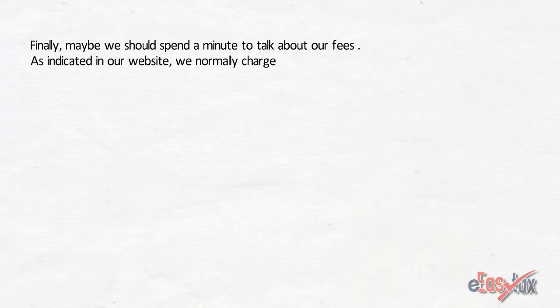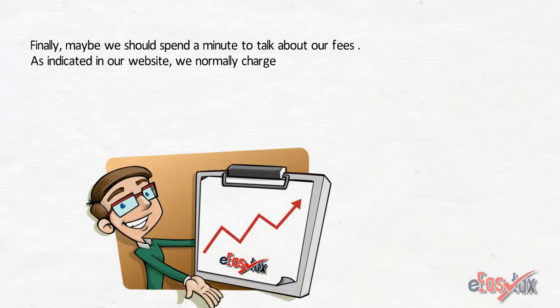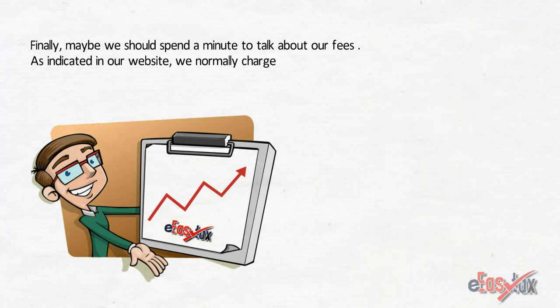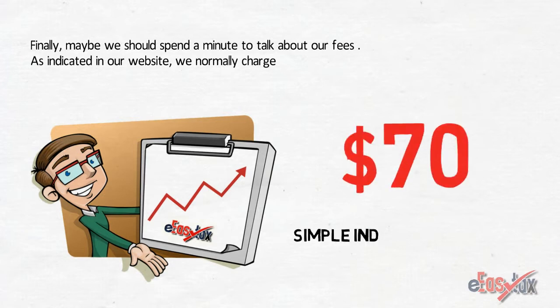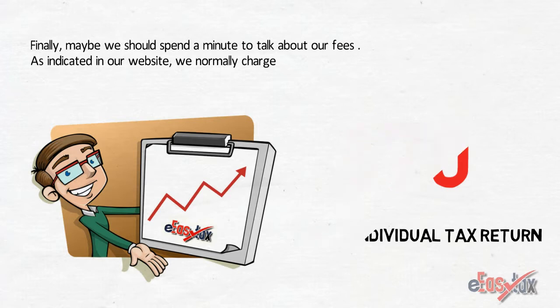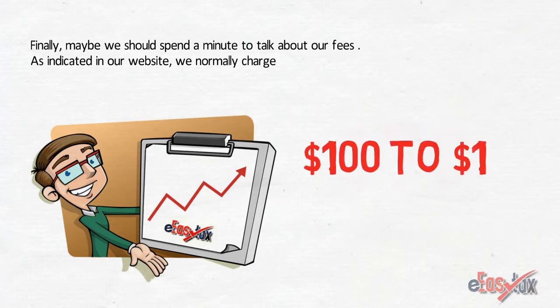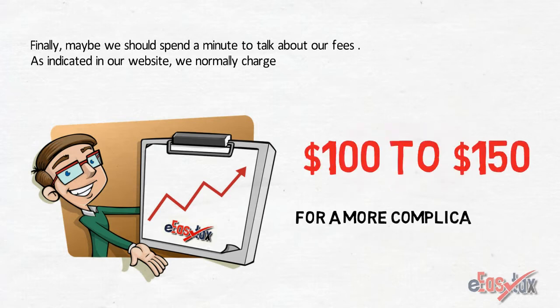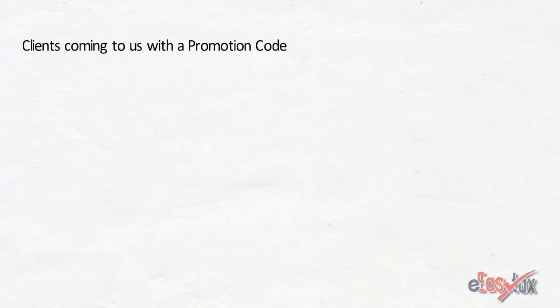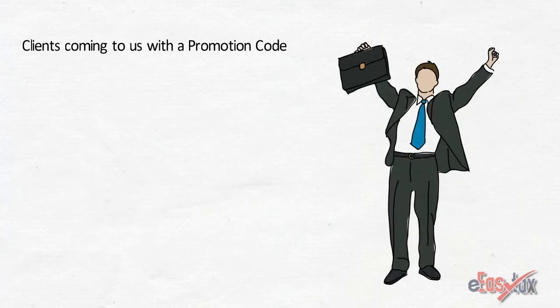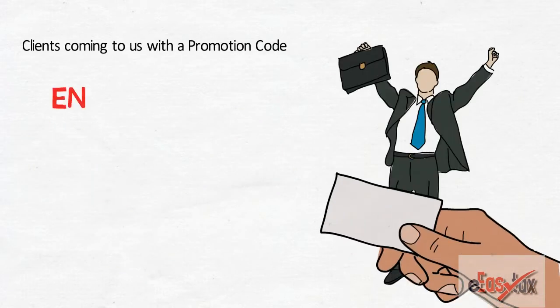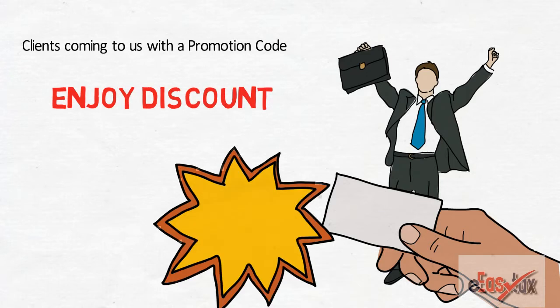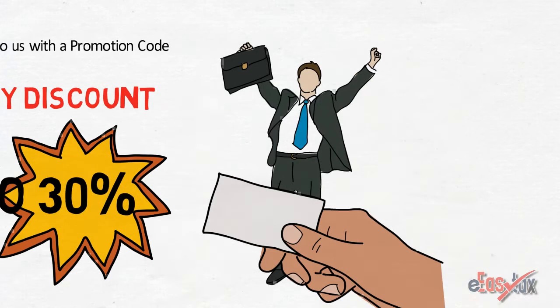Finally, maybe we should spend a minute to talk about our fees. As indicated in our website, we normally charge $70 for a simple individual tax return and around $100 to $150 for a more complicated one. Clients coming to us with a promotion code will enjoy discount concession up to 30%.